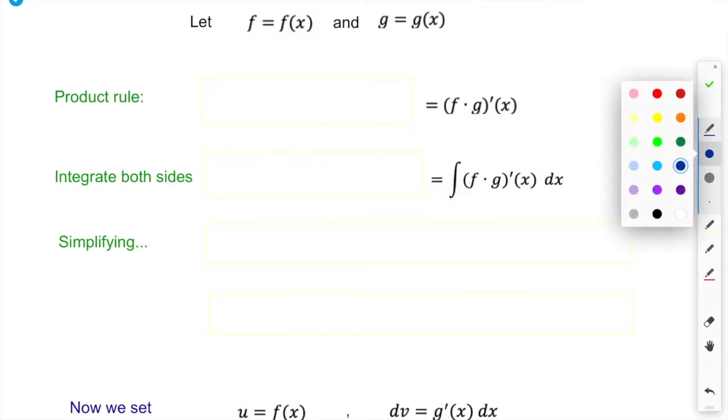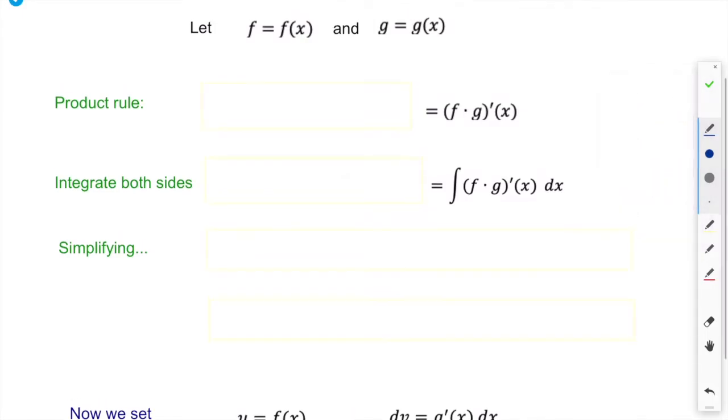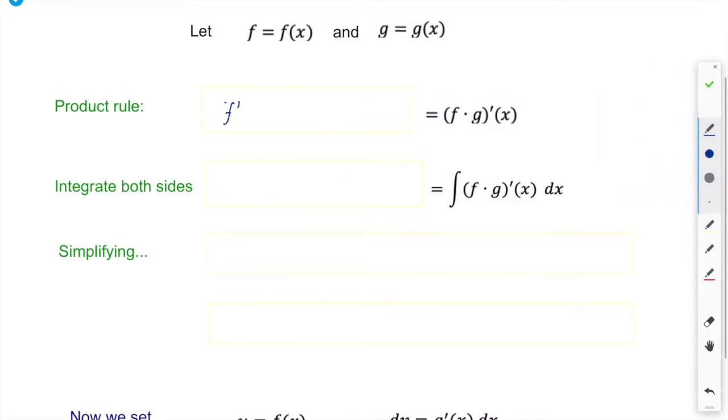We know the product rule will be f prime g plus f g prime. We're going to integrate both sides of this function: the integral of f prime g dx plus the integral of f g prime dx.